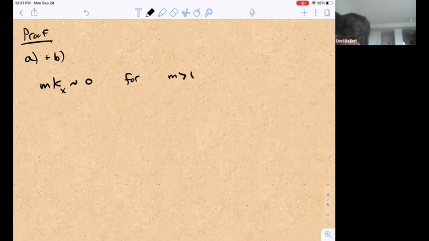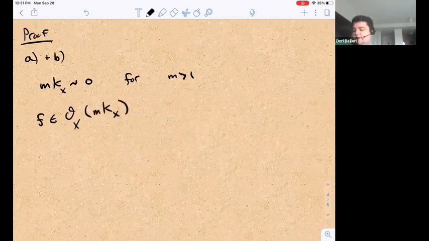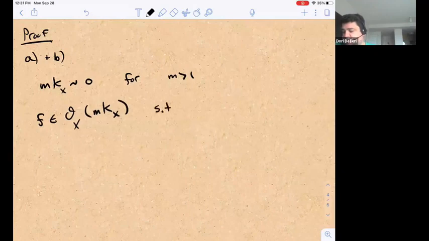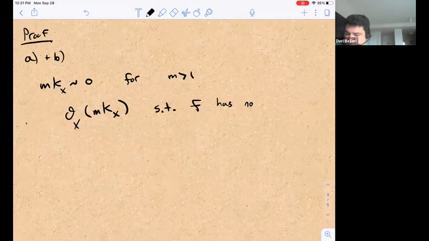So another way to phrase this is that there exists some f in the line bundle OX of mKX such that f has no zeros or poles. So maybe I'll write it as f is a global section, so it has no poles, but also it's non-vanishing.